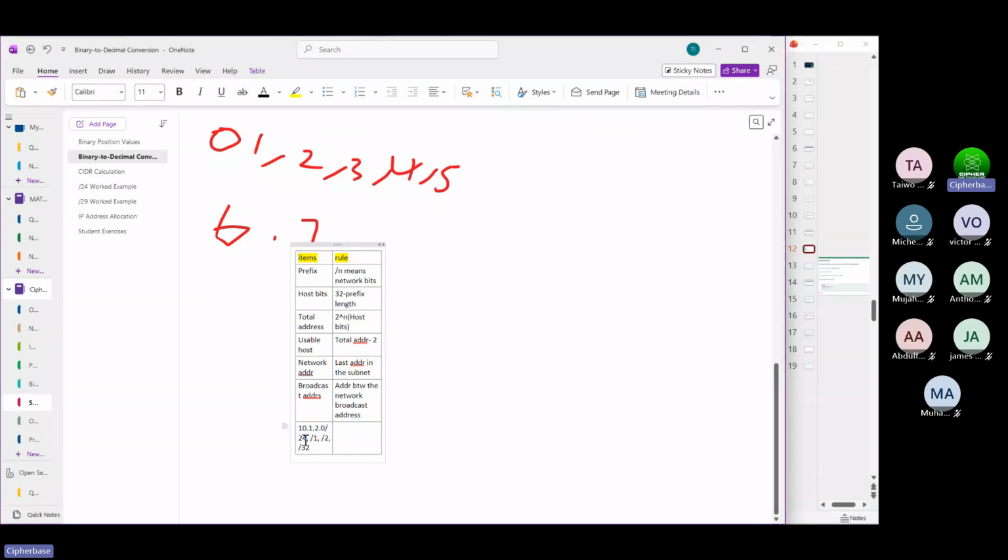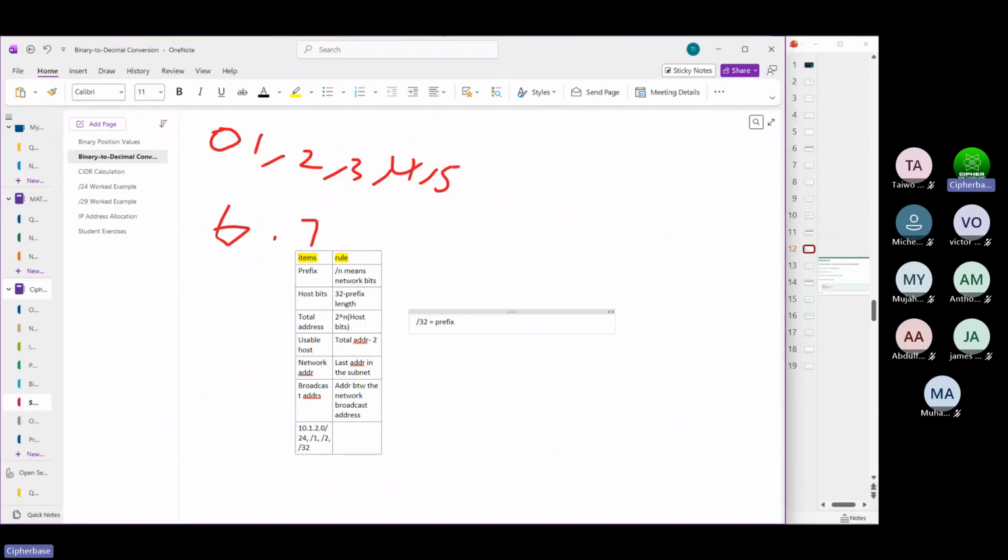This slash is what is called the prefix that we put here. Anywhere you see a slash with anything between 1 and 32, let's say /3 or /32, this is what is called the prefix in networking.